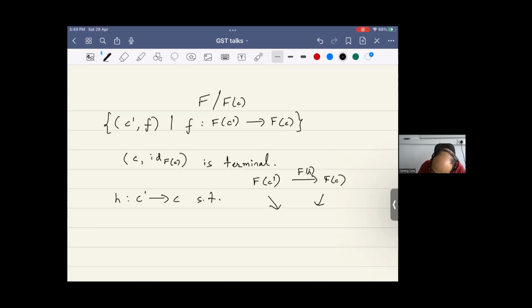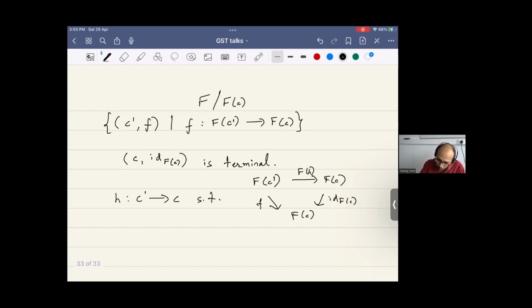So this is identity f of c, and this is little f, and this is f of c, right? So I wanted this diagram, but look at what this is. This is f of h composed with identity f of c. So this is just f of h. So in other words, f of h must be little f.